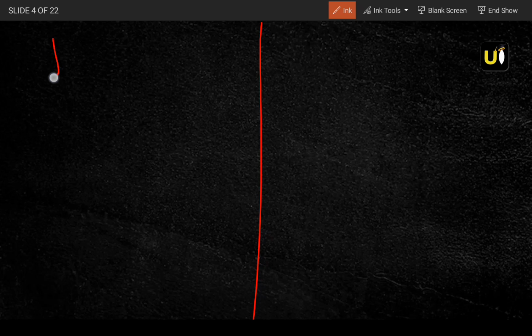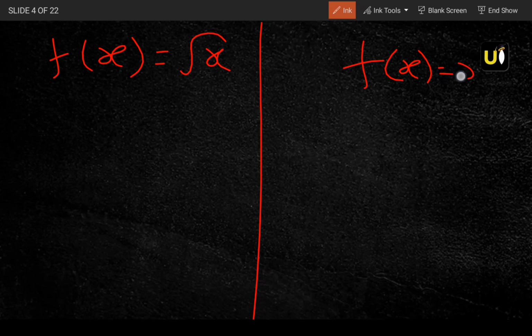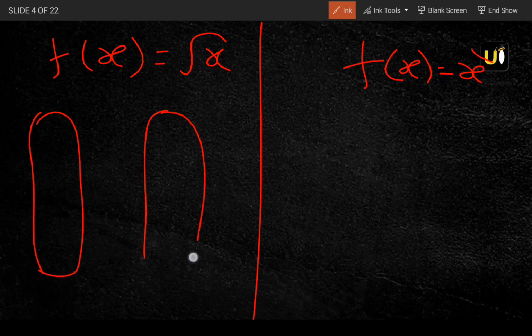I have two examples. First one is f of x is equal to root x, and the second example f of x is equal to x square. Okay, so now let us consider the domain. Suppose we have elements like 1, 4, 9 and 16. Here we are having 1, 2, 3 and 4.